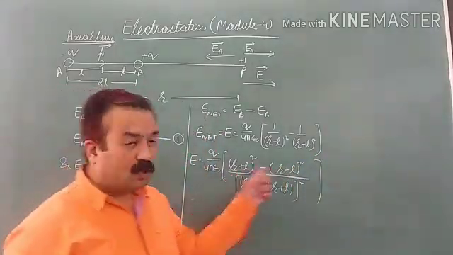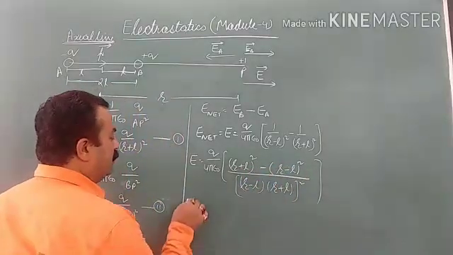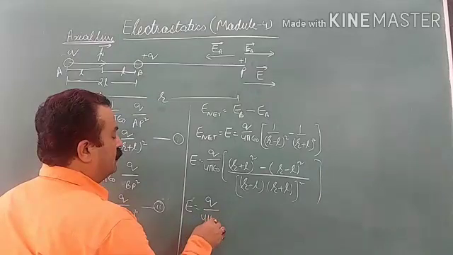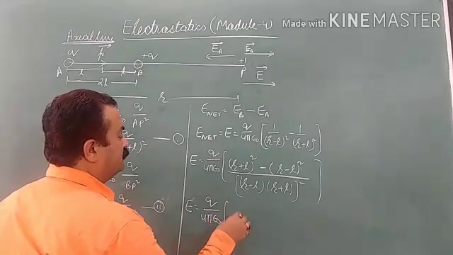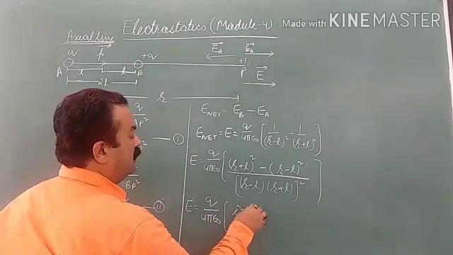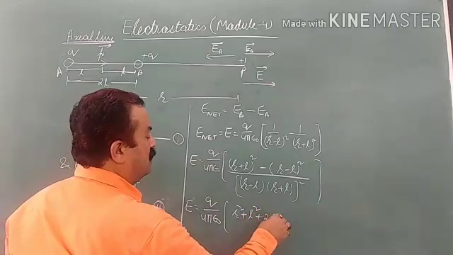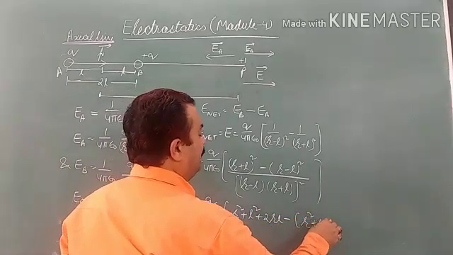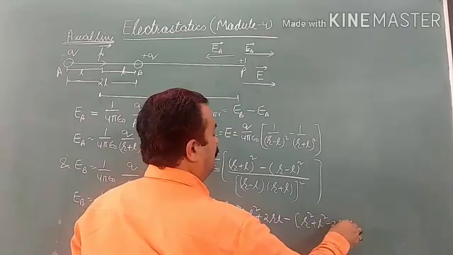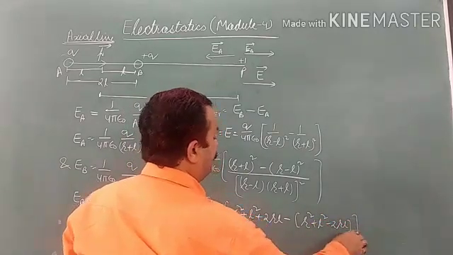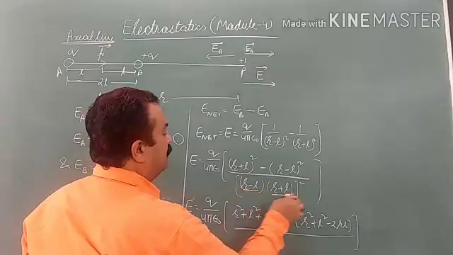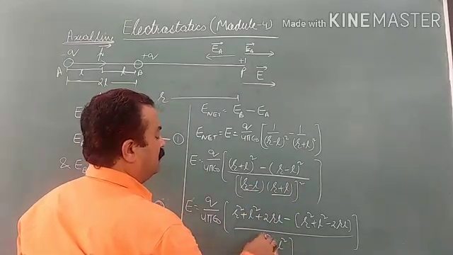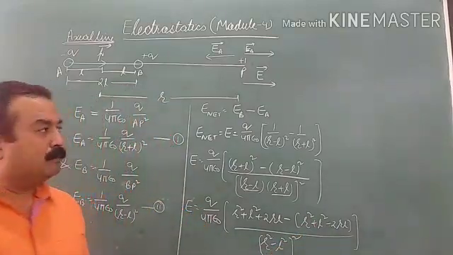Now if we solve it, we get Q upon 4 pi epsilon naught times R square plus L square plus 2RL minus R square plus L square minus 2RL, over (R square minus L square) whole square.